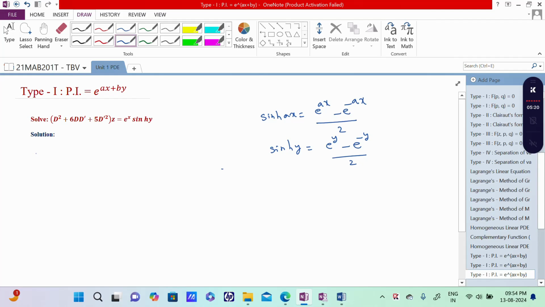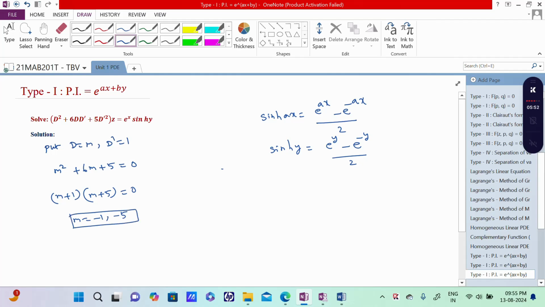Now, as usual, the complementary function comes from the auxiliary equation. Put D equal to m, D dash equal to 1. Therefore, m square plus 6m plus 5 equal to 0. Now, by the product rule, multiplication 5, addition 6. So 1 into 5. So (m plus 1)(m plus 5) equal to 0. When I add 1 plus 5, I get 6. So m equal to minus 1, minus 5.